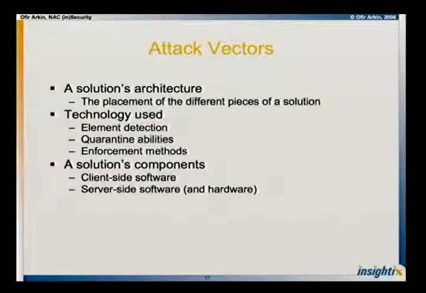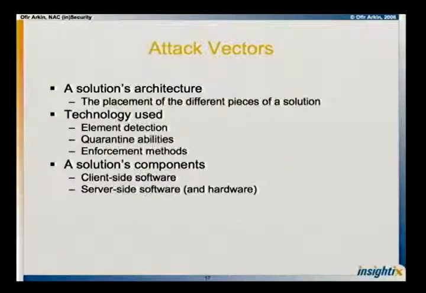Attack vectors. What can we attack? What is there to attack? Actually, there's a lot to. First of all, and you will see in a few slides, the biggest problem is the solution's architecture. The way a certain solution uses a certain technology in order to first find the elements that are accessing the network.